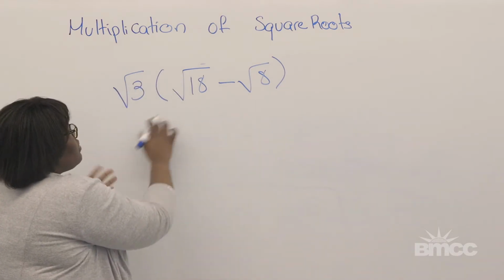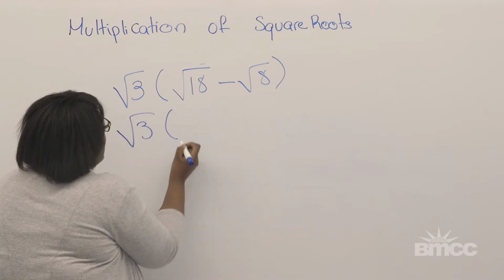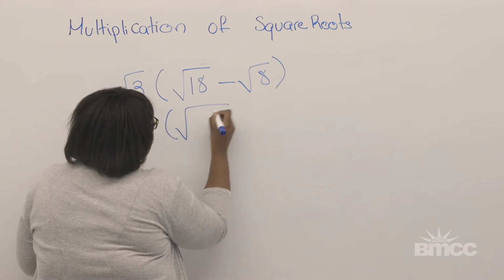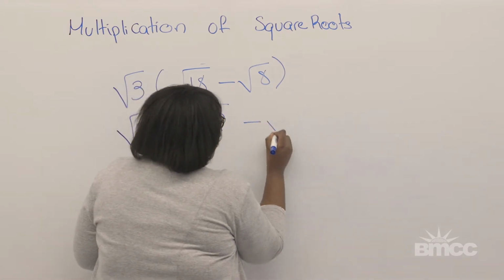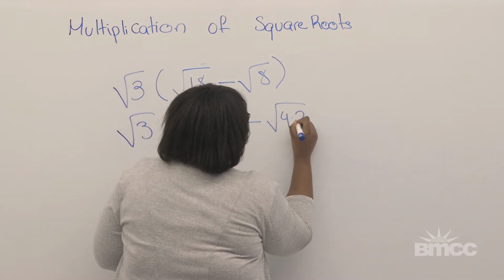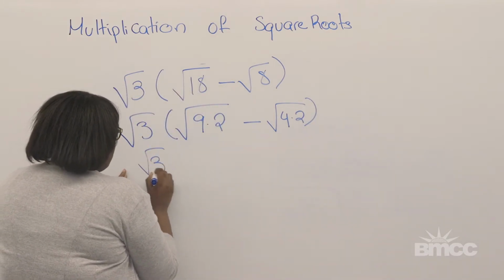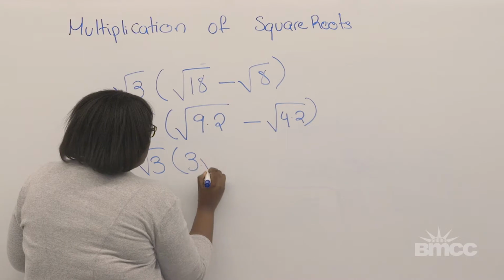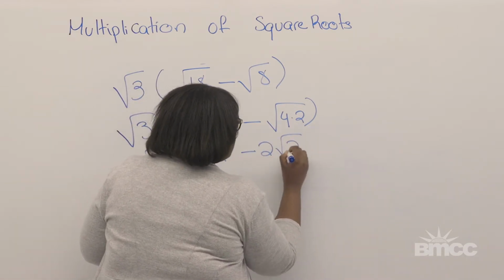We're going to do them in terms of perfect squares. So we're going to have radical 3 times square root of 9 times 2 minus the square root of 4 times 2. Again, we know this would just be radical 3 times 3 square root of 2 minus 2 square root of 2.